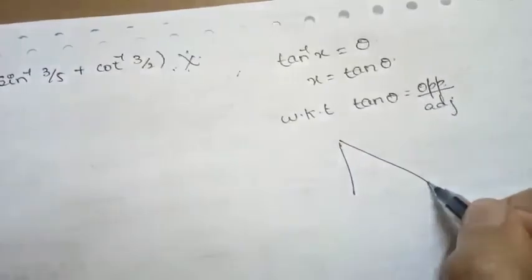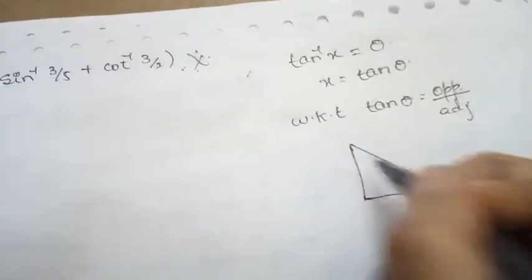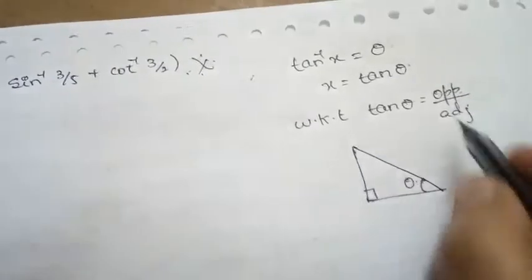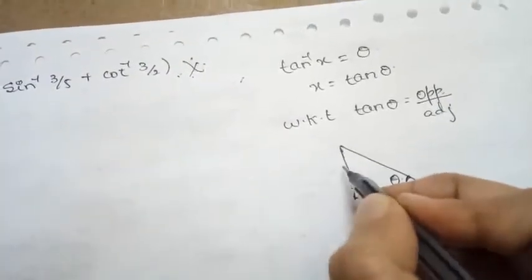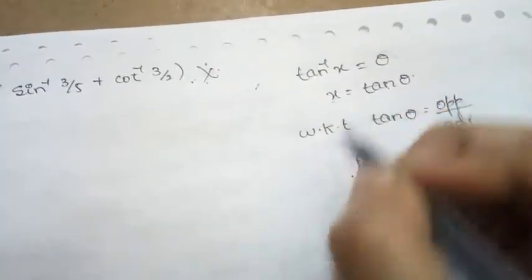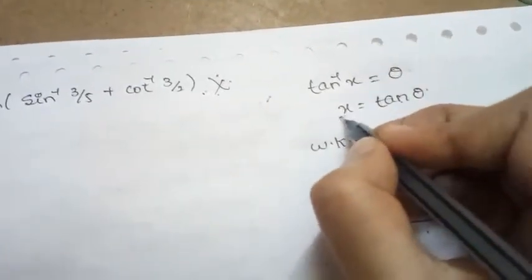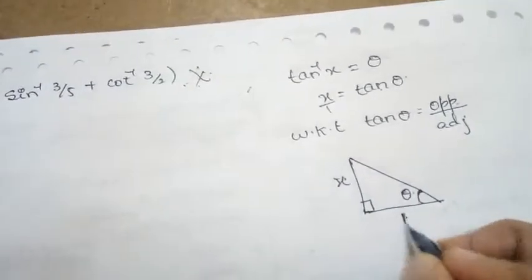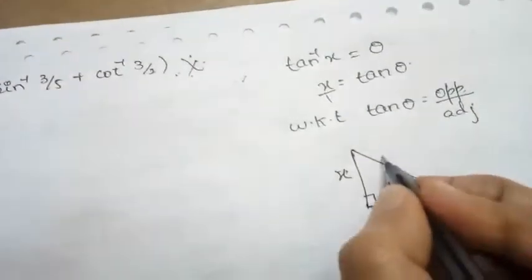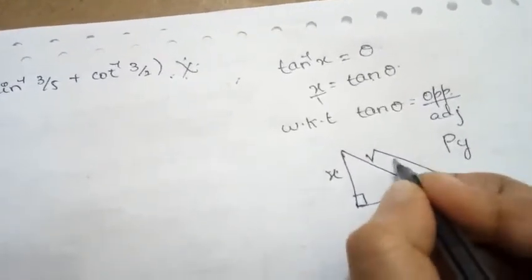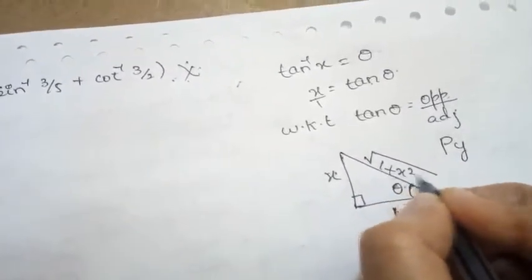Suppose I consider a right angled triangle where this is our 90 degrees and this is theta. Tan theta is equal to x means opposite is x and adjacent is 1. So this side is x and this is 1. What about our hypotenuse? By using the Pythagoras theorem, it becomes square root of 1 plus x square.